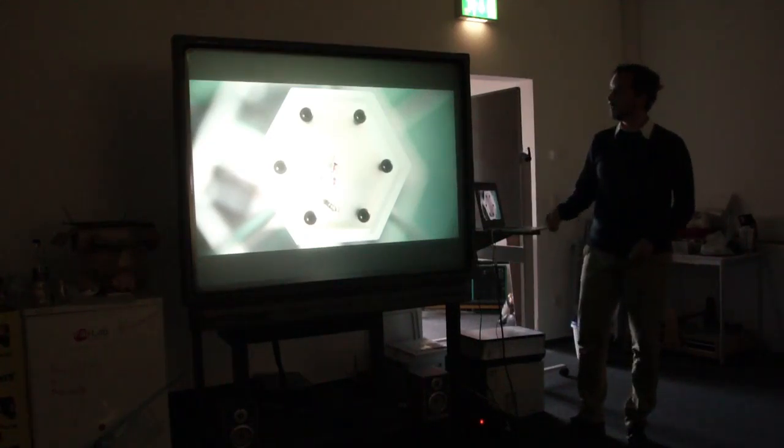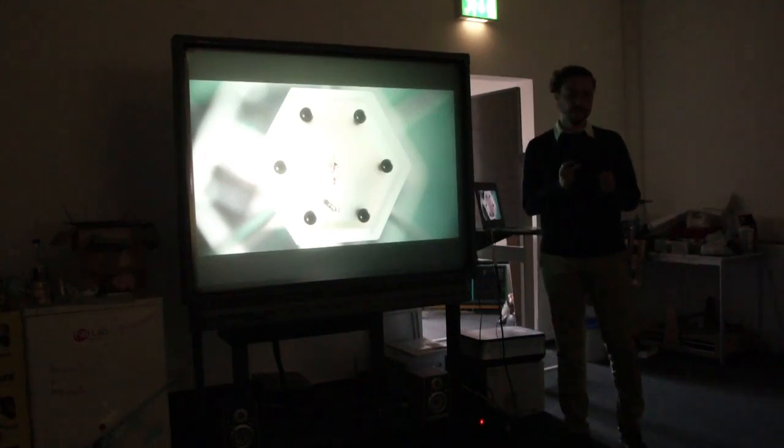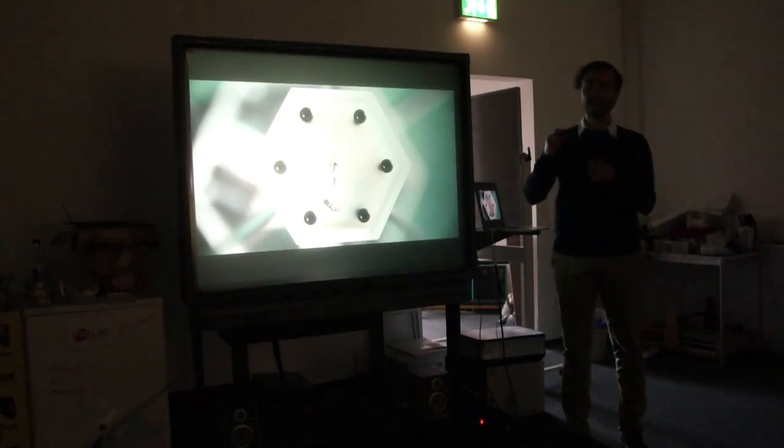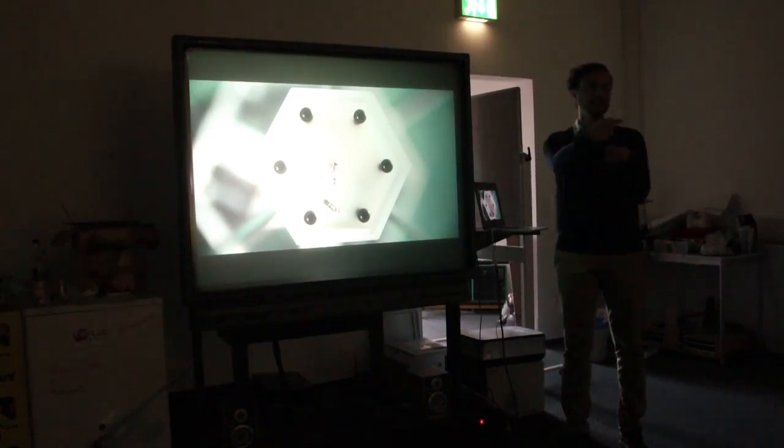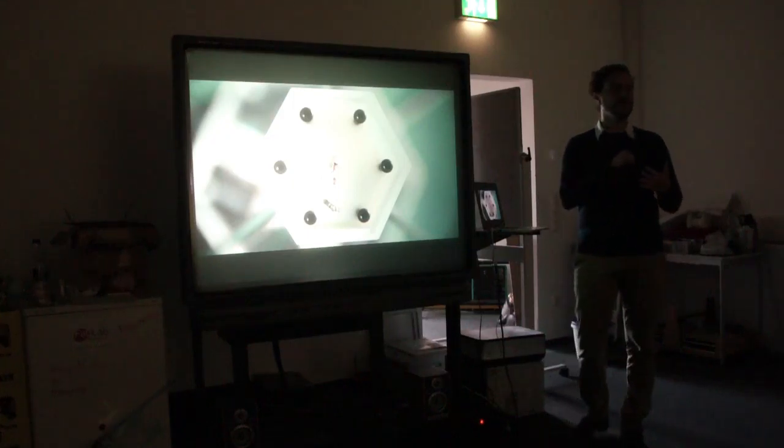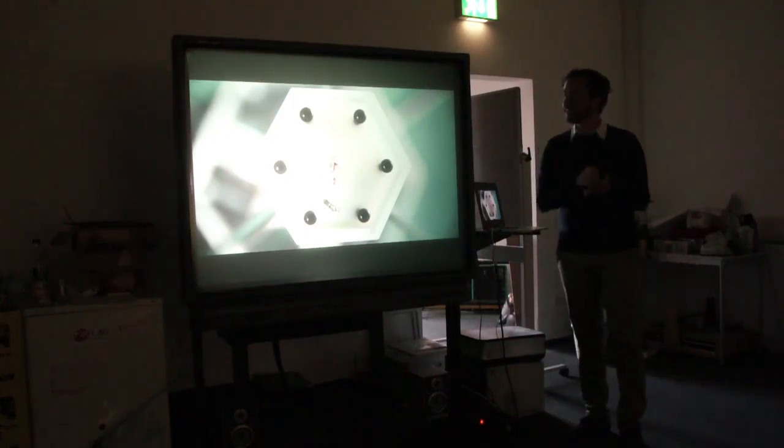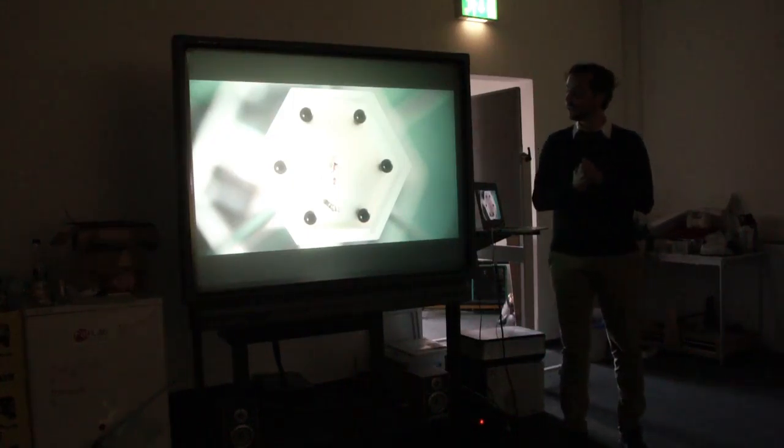It's basically two diodes. One diode is enclosed in a box, and another diode is outside of the box. And what I'm basically doing is applying a high voltage, so high current, and both of them get hot.